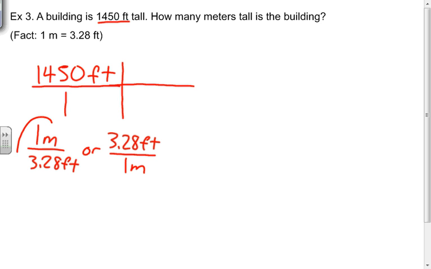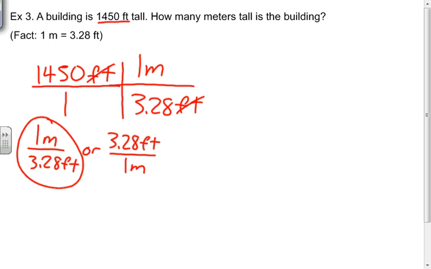So I'm going to use that fraction right there: 1 meter on top, 3.28 feet on the bottom. The reason I do that is because now I have feet on top and bottom, so they cancel. The only unit I have left is meters, and that's what I'm trying to get in my answer, so that works. Multiply across the top, multiply across the bottom. 1450 times 1 is 1450.